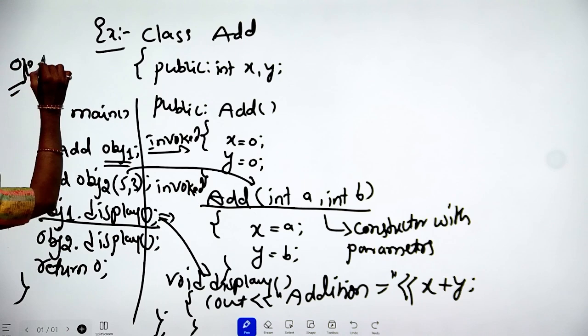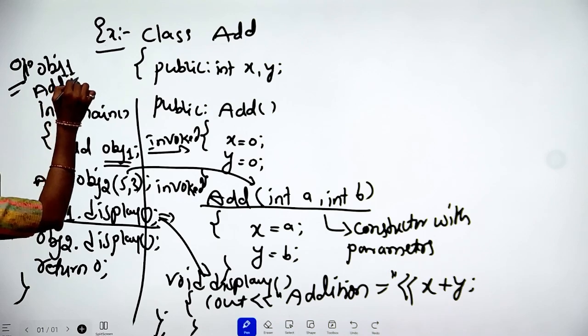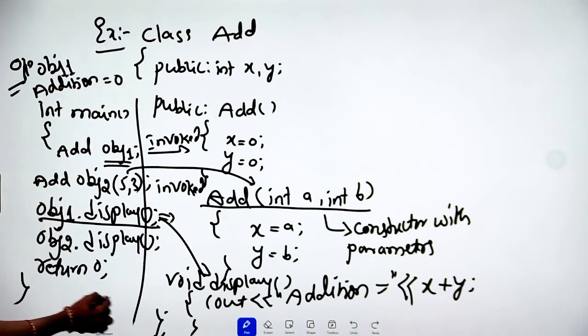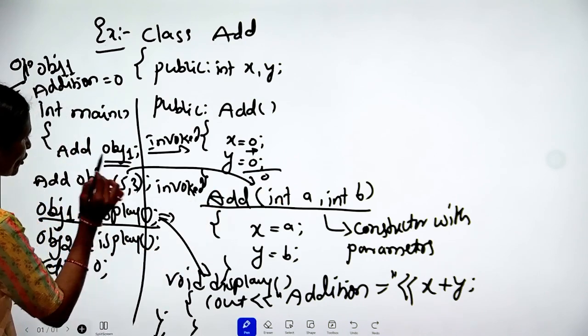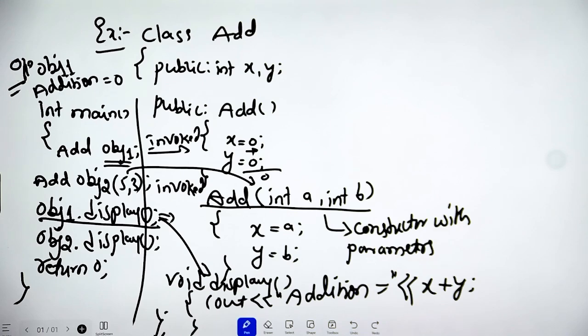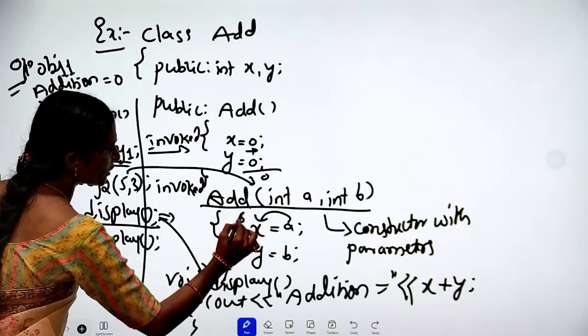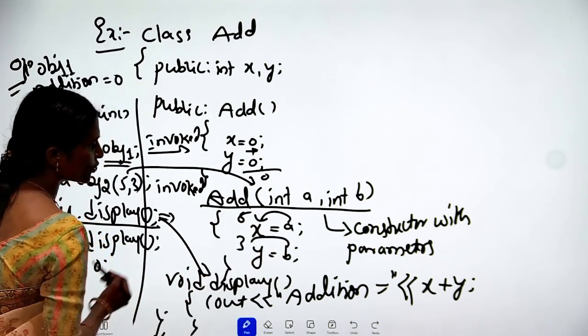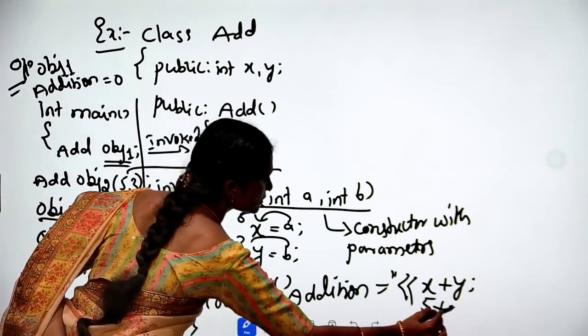For the first object, the addition is equal to 0, because it adds 0 plus 0, which is 0.